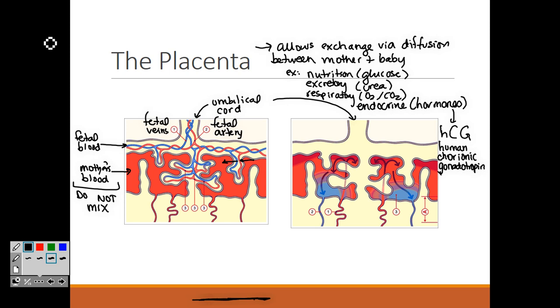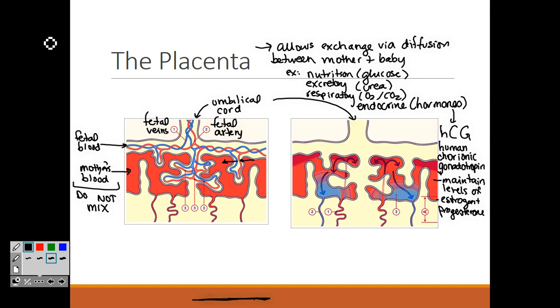HCG has as its function to maintain levels of estrogen and progesterone. So we just said when we reviewed the quest that when estrogen and progesterone decrease because the corpus luteum has degenerated, well then that is when the cycle starts again and the woman would have her period.